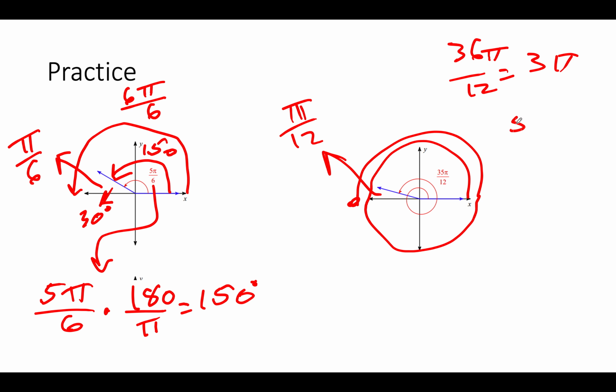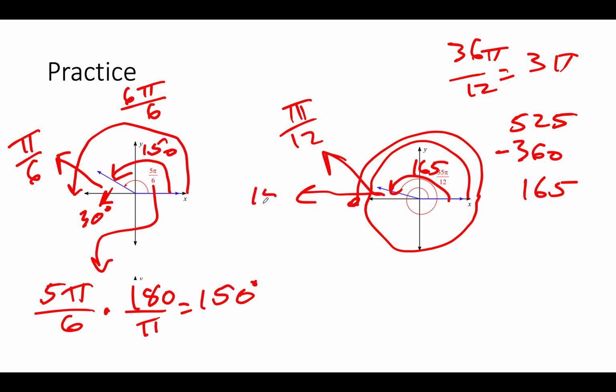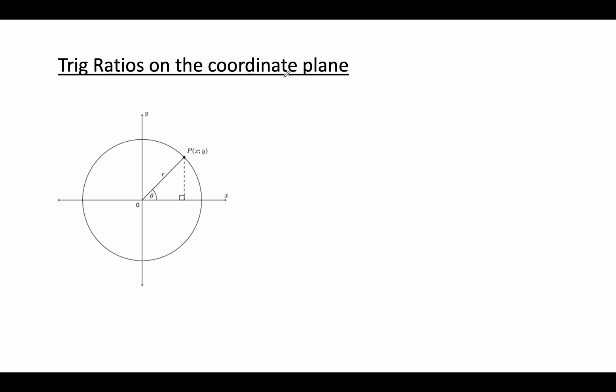This is 525 degrees. If I take out 360 degrees, because that's one trip around, I'm really talking about a 165 degree angle. So this right here is 165, and what am I short? 180 minus 165, I'm 15 degrees short, and pi over 12 is 15 degrees. So you can do it in degrees if you so choose.